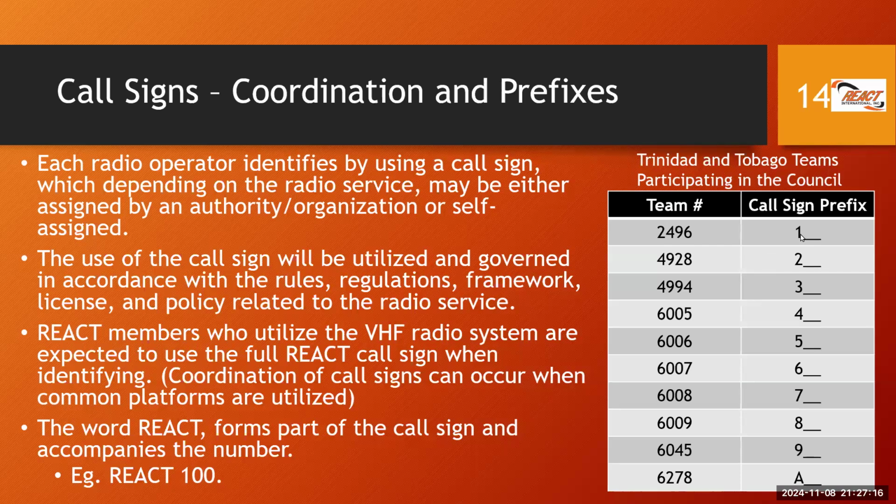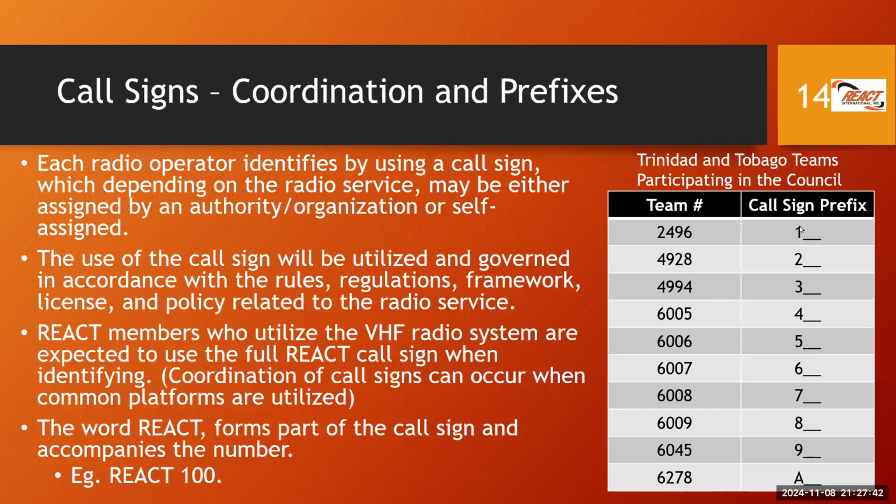It's important to note that each team will have members with call signs. Their prefixes, however, have been agreed to in a coordinated way by the REACT Trinidad and Tobago Council, and this has been so for many years. That's, by the way, one of the functions of a council, to do those types of coordinations where teams could agree to be bound by a particular policy, and this is one.